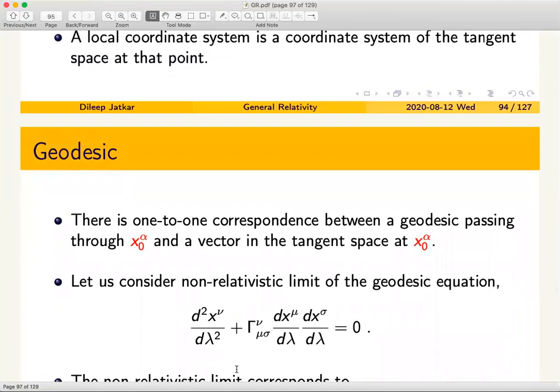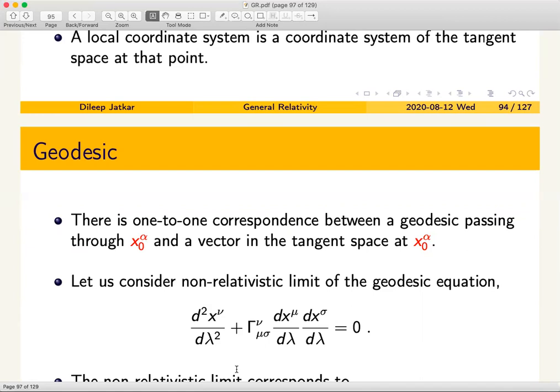So what we find is that there is essentially a one-to-one correspondence between the geodesic passing through a particular point and a vector in the tangent space. Because every tangent vector is basically a local straight line, any tangent vector that you draw at x0 prime tells you the direction of a geodesic passing through that point and tangent to that vector.